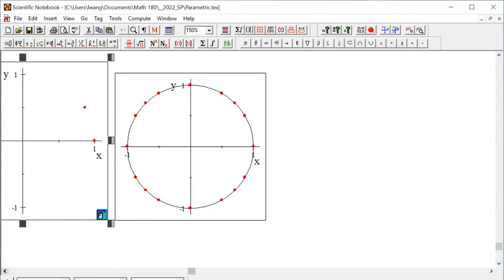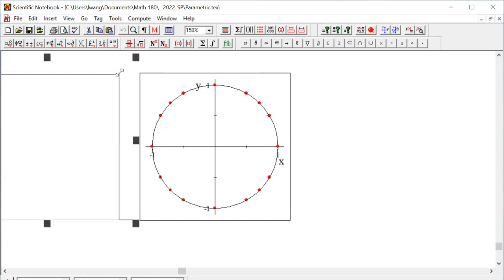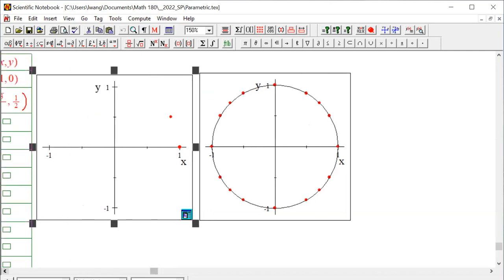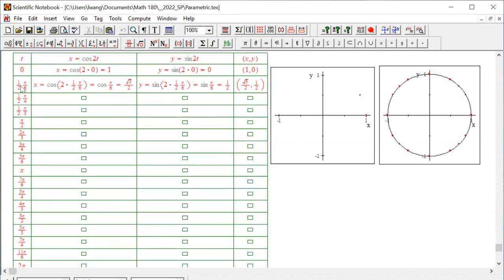They look comparable. These two spots are at the same spot. But how much time does it take? When t equals half of pi over 6, it reaches the same point.